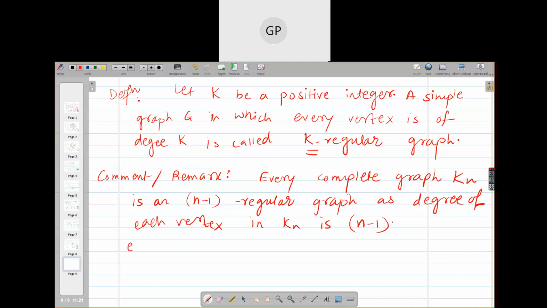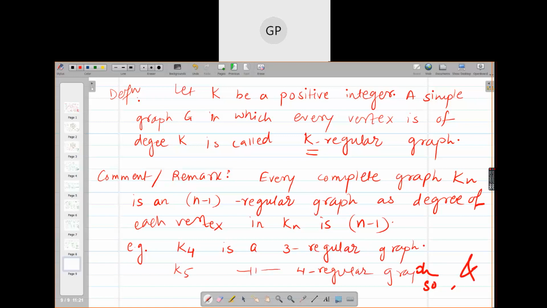Okay. For example, K4 is a 3 regular graph. K5 is a 4 regular graph, and so on.